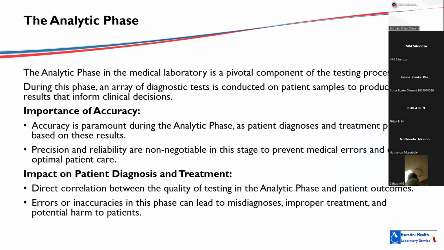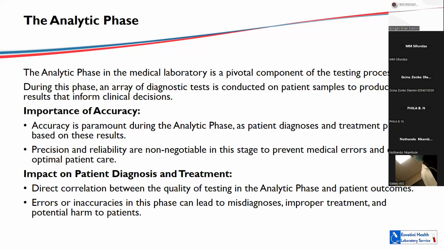Okay, let's now get into the analytical phase, just to define, to say it is actually very important because it comprises the testing process itself, the analysis. It could be on blood, it could be on the urine or any other sample that we can actually analyze in the lab, as we've mentioned.